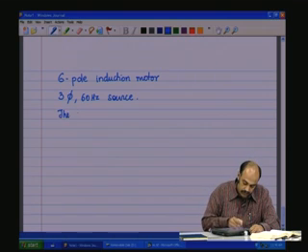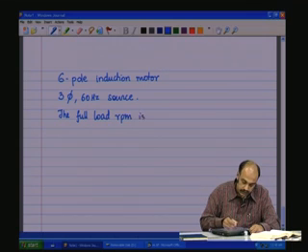The full load rpm is 1140 revolutions per minute. Calculate the slip.